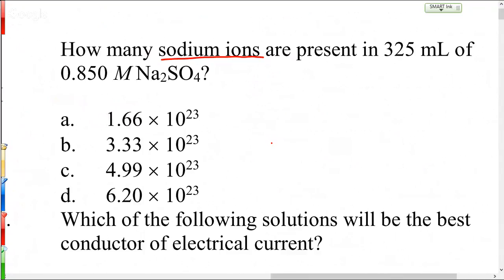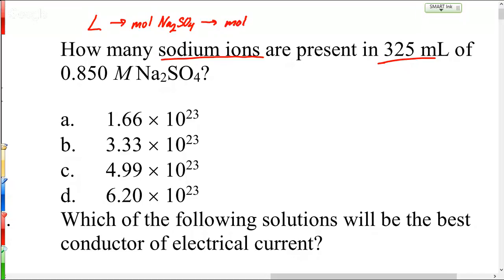All right, let's look at how we would go through this one. So once again, we have milliliters of a certain concentration solution, and we ultimately want sodium ions. So our plan is going to look like, hopefully at this point we can just go to liters in our heads. So we're going to go liters to moles of sodium sulfate using the molarity.